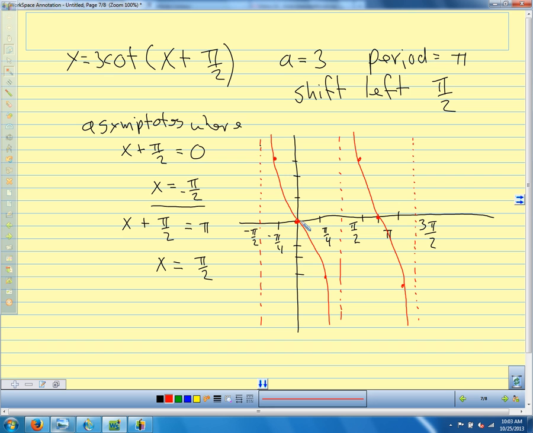Now what does this graph look like? What if I flip this one over the x-axis? It looks like a tangent function, an unshifted tangent function.